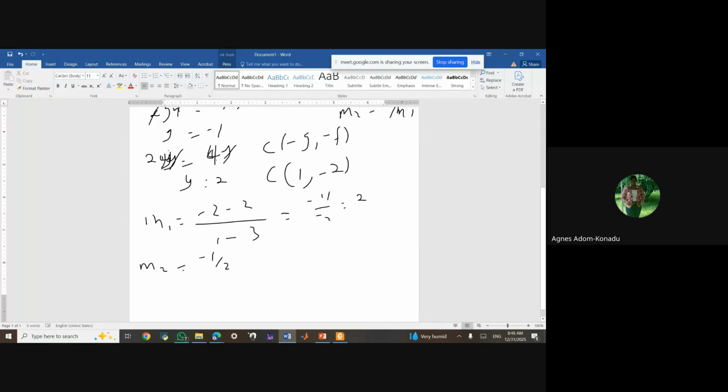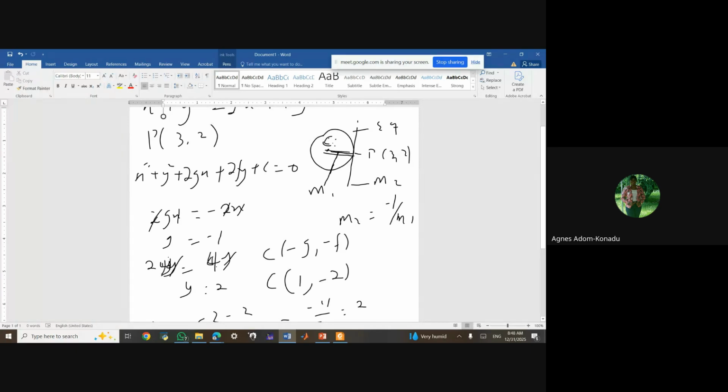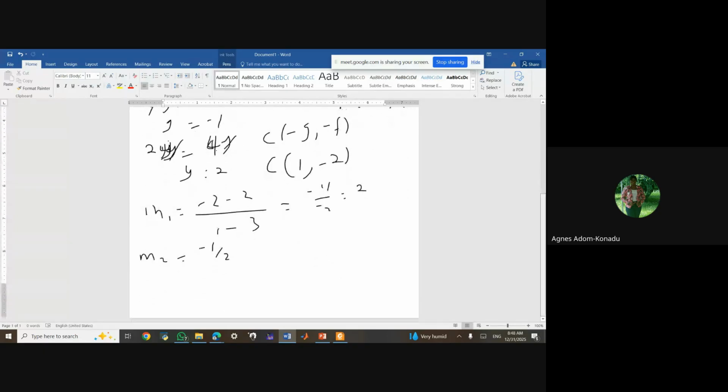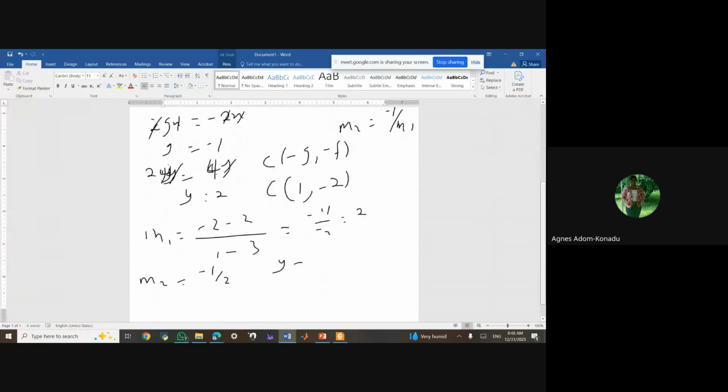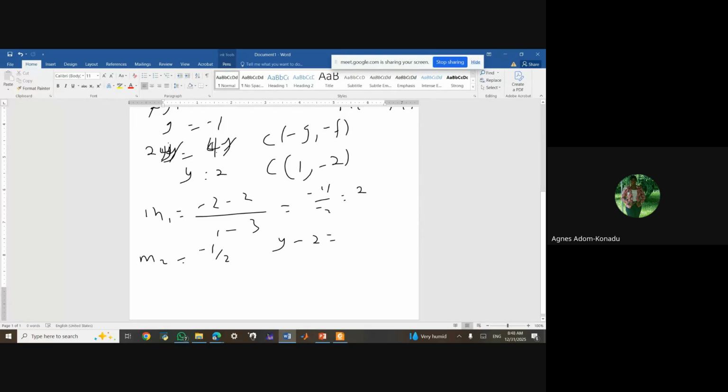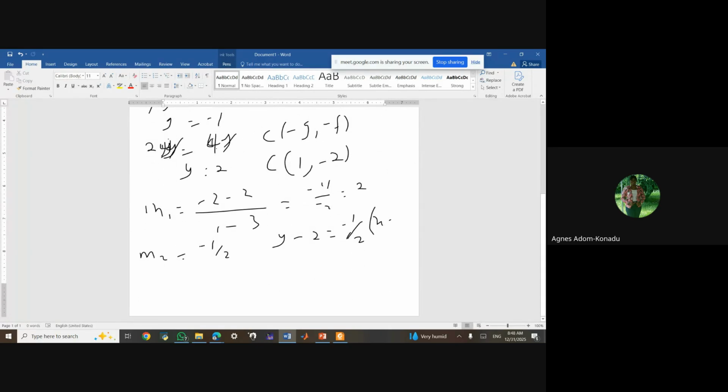Having this as the gradient for the tangent and having this point, I should be able to find the equation of the tangent. So the equation of the tangent will be y minus 2 is equal to minus half into x minus 3. So this is 2y minus 4 is equal to minus x plus 3.